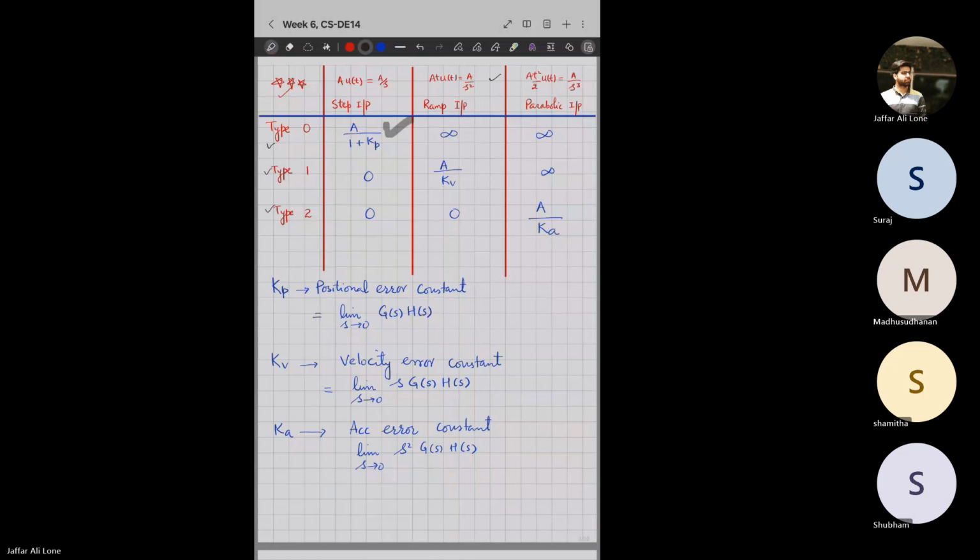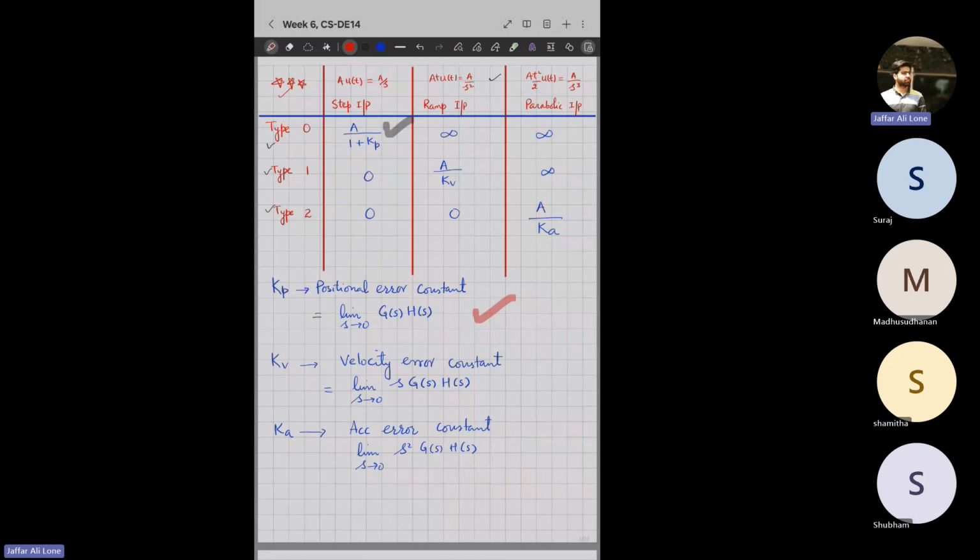It is A divided by 1 plus Kp, where Kp is the positional error constant, which is given by Kp equals limit s tends to 0 of G(s)H(s). So whenever you have a type 0 system and a step input, there will be some steady state error, which is given by A divided by 1 plus Kp.